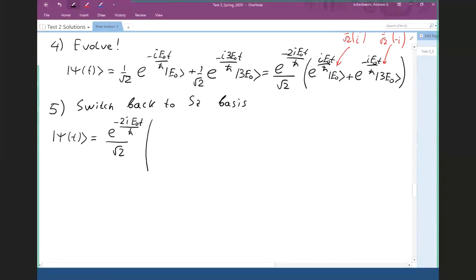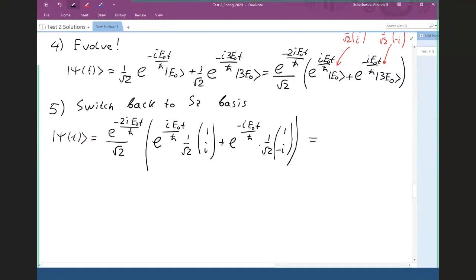And here it's going to be e to the i E naught t over h bar times 1 over root 2 (1, i), plus e to the negative i E naught t over h bar times 1 over root 2 (1, negative i).